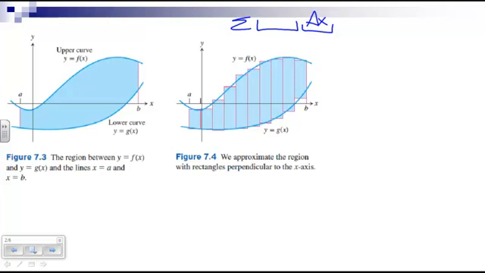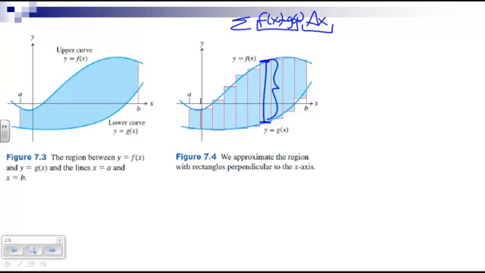Is there some way that we can express the height of this rectangle as it's bounded on the top by the curve f of x and on the bottom by the curve g of x? Could it be f of x minus g of x? Is that true? For some particular x, f of x minus g of x would be the height of that rectangle.